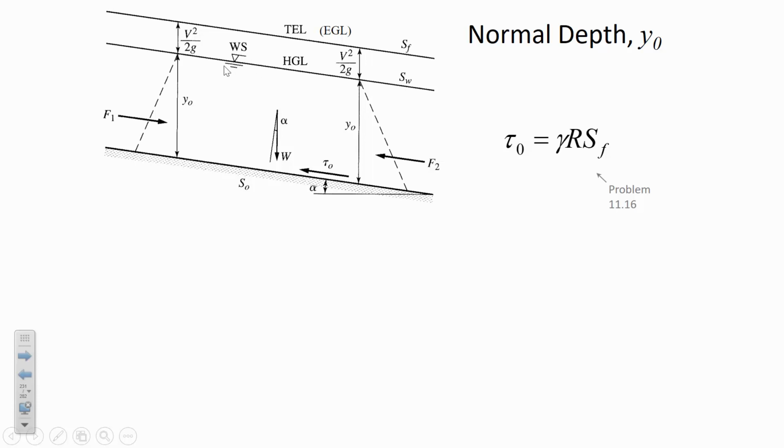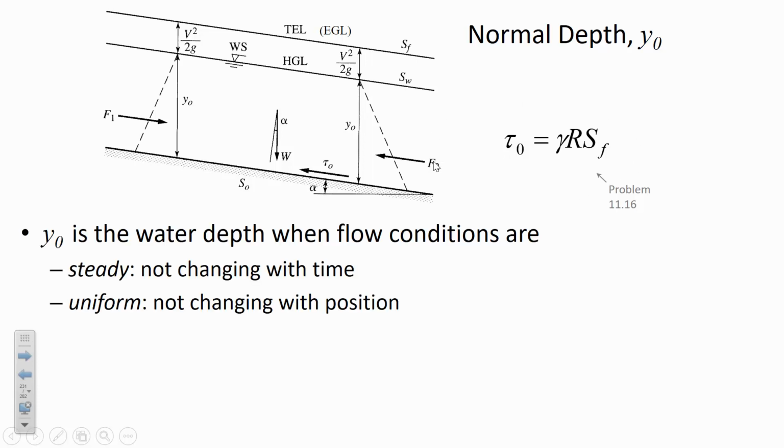So this is the water surface, and above the water surface, some distance equivalent to the velocity head, is the total energy grade line. Now, the slope of the energy grade line is related to the shear stress, and this is a formula that you've seen before relating shear stress and the slope of the energy grade line. But the question we're trying to find out with Manning's equation is what's the depth of flow? So if we have a certain slope, how deep is the water going to be for a flow rate that's given?